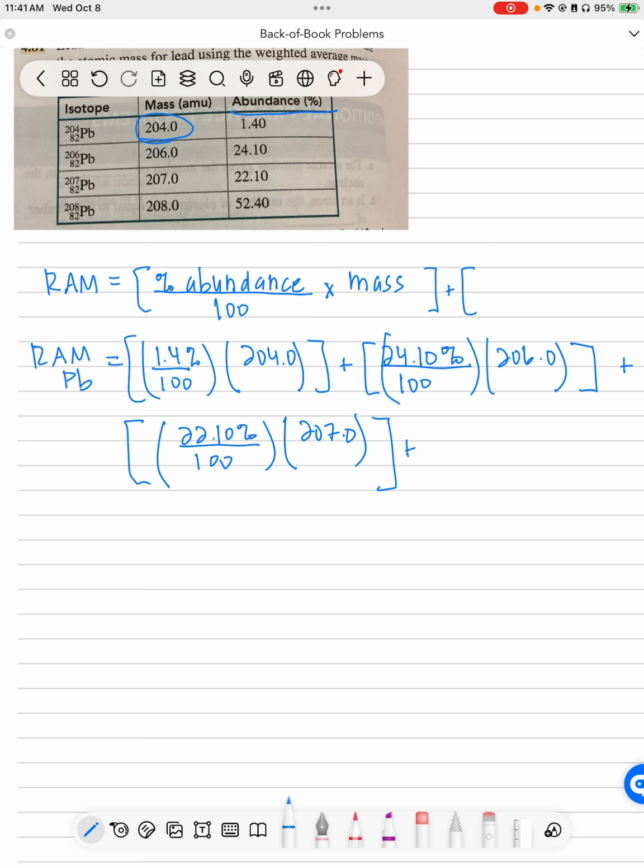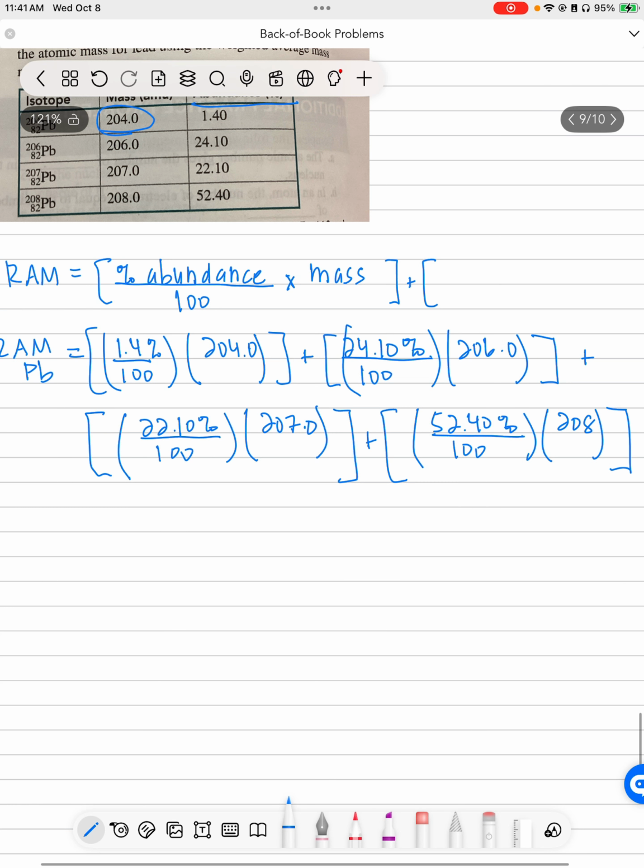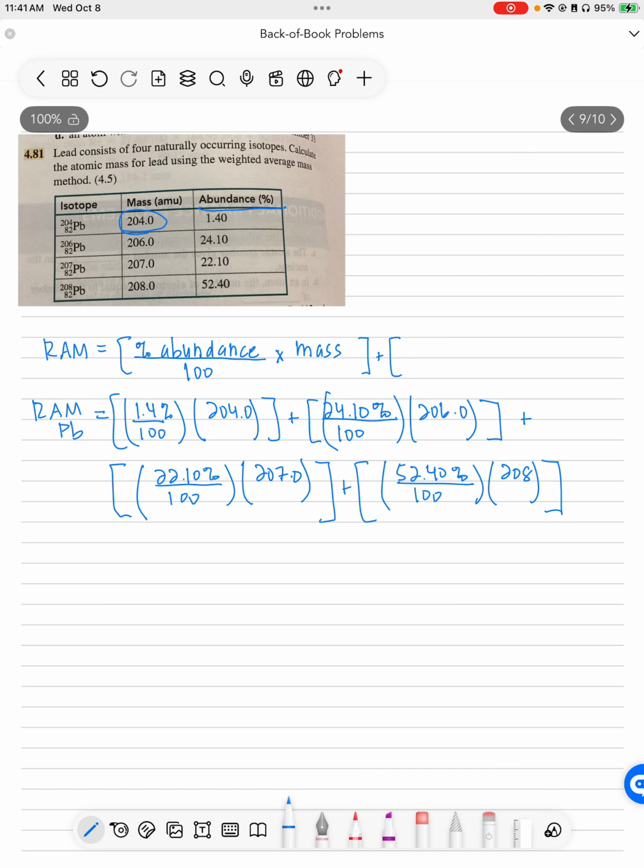And we're going to add that to the last one, which is 52.40% of 208 mass. Okay, so I didn't pull up my calculator to do this on my iPad. So if you want, you can just fast forward the next like 30 seconds of quiet while I do this on my calculator.